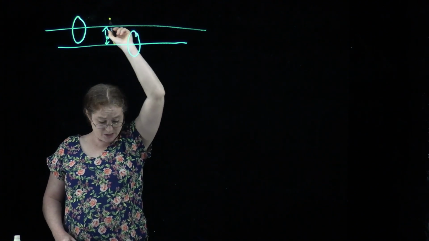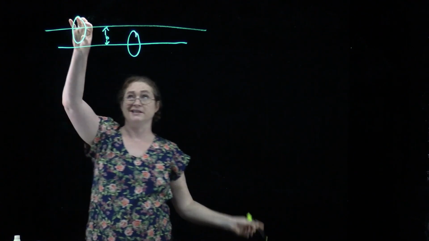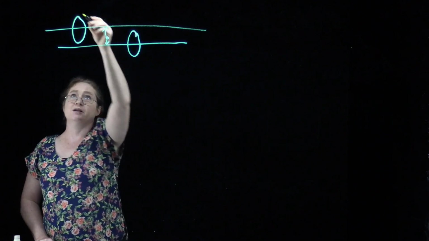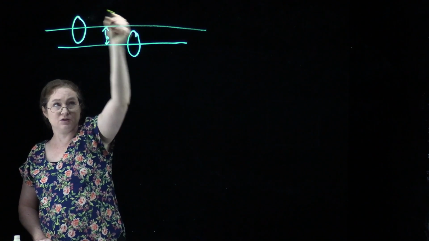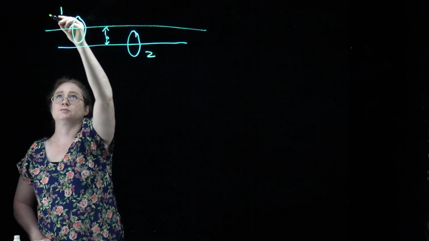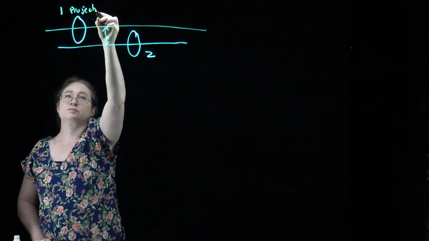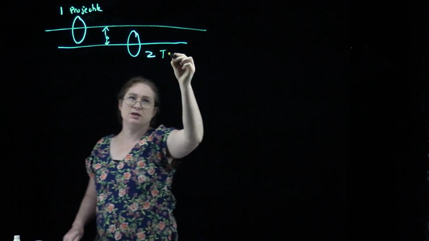And then if you want to look at the cross-sectional area for this thing hitting that thing, we will call the target 2 and the projectile 1. And the book mostly follows that notation.